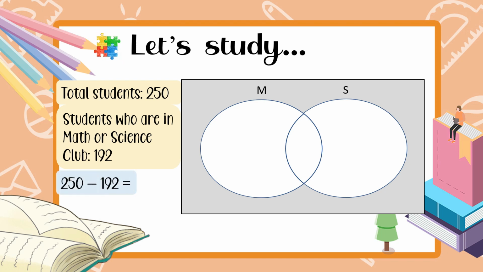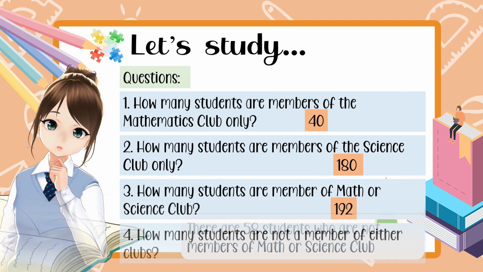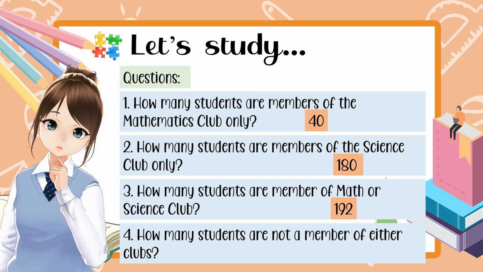So, we will have 250 minus 192. The answer will be 58. So, therefore, there are 58 students who are not members of math or science club. And let us write our answer on the final question, 58.